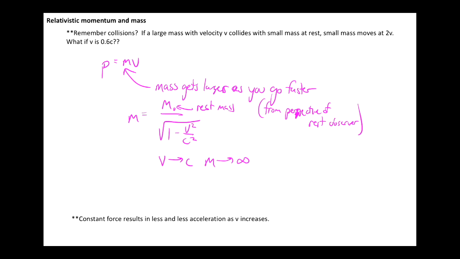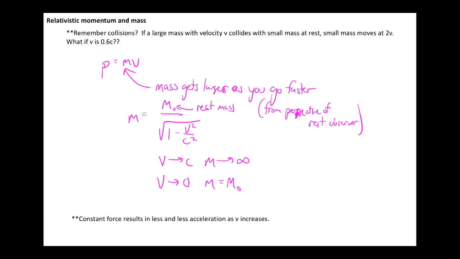And now all of a sudden it starts to make sense that if you keep firing the rocket, you get less and less out of it because you're trying to push a whole lot more mass. The same force doesn't get you as much acceleration. And then, of course, if I plug in v equals 0 in that equation, you should see that m just equals m naught, the regular rest mass.